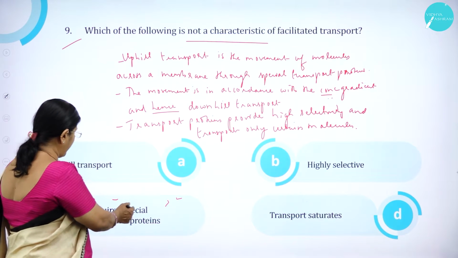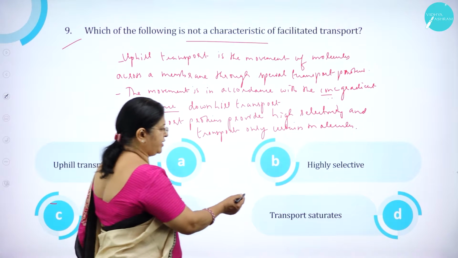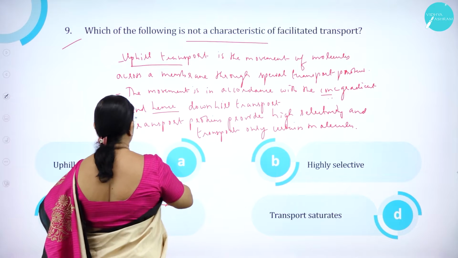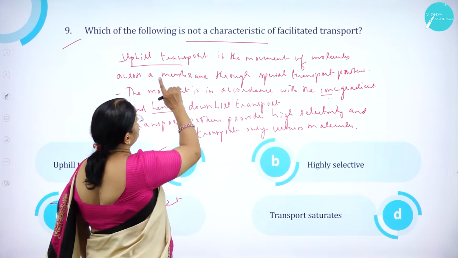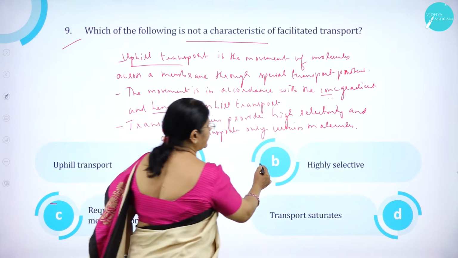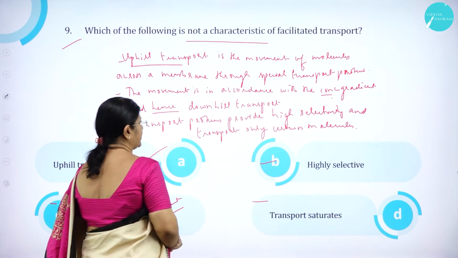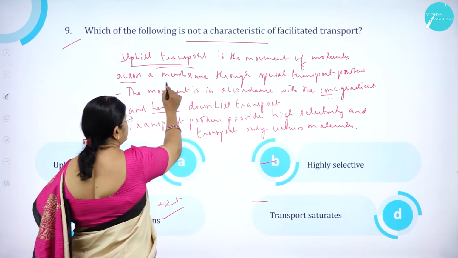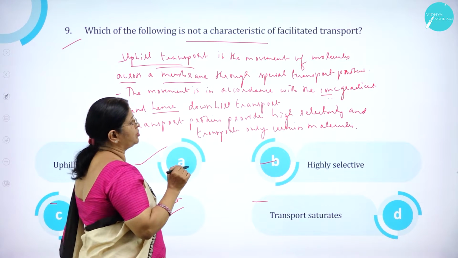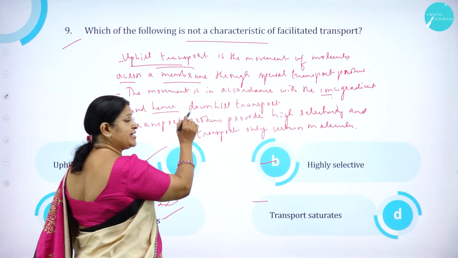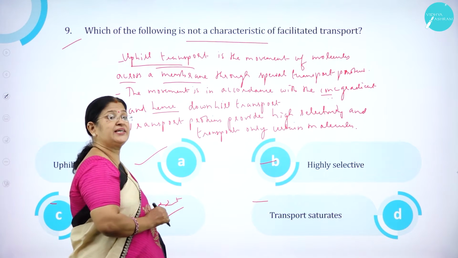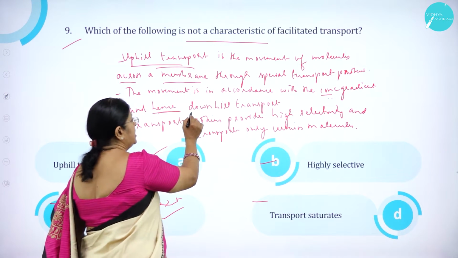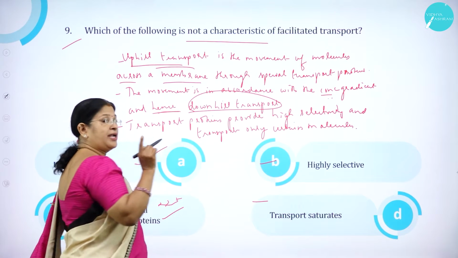Option C, requires special membrane proteins. And option D, transport saturates. Uphill transport is the correct answer, which is not a characteristic. The others are characteristics. Facilitated transport is the movement of molecules across a membrane through special transport proteins. The movement is in accordance with the concentration gradient, and hence it is downhill transport, not uphill transport.